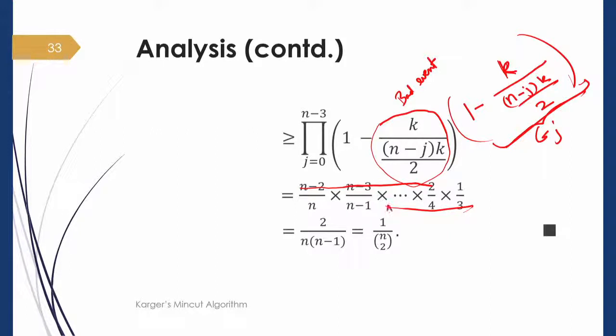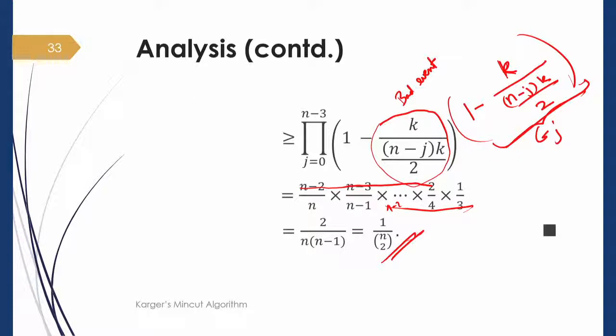So, there will be an n minus 2 over here. Starting from that, you will have cancellations. So, we are left with 2 over n times n minus 1, which is nothing but 1 over n choose 2 as we required. And so, this completes the proof of our lemma.